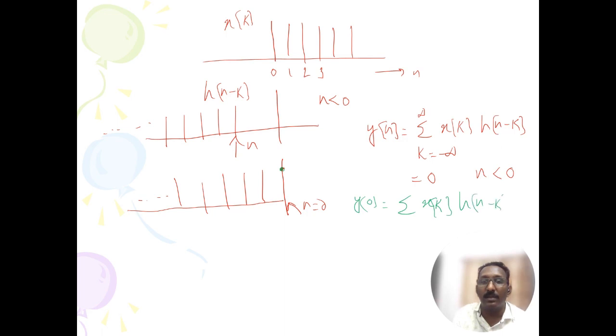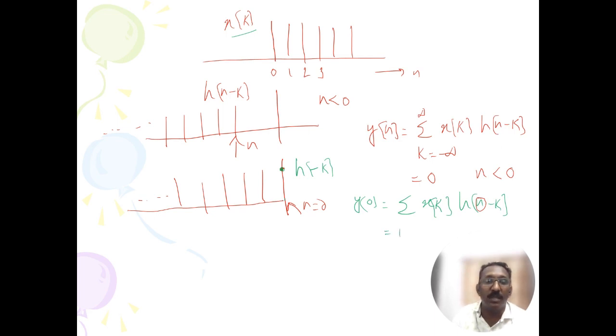In n minus k, the n value is 0, so now this becomes x of k into h of minus k. This is x of k, and this is h of minus k. Then we are multiplying one sample at n equal to 0 and one sample at k equal to 0. So output is 1. Only one sample will overlap.